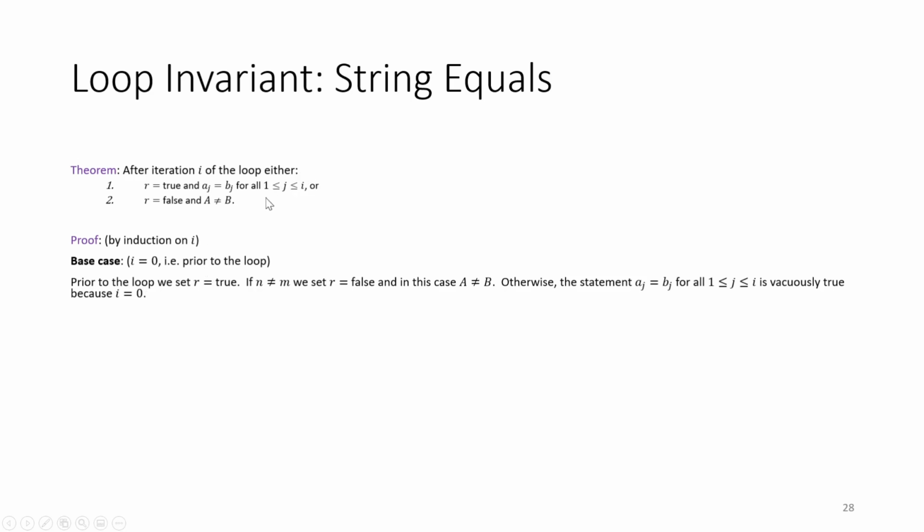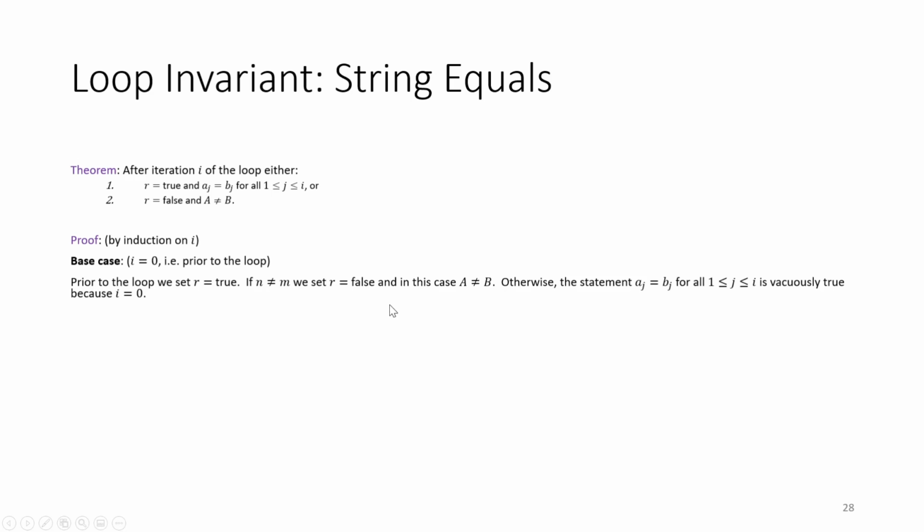So there's nothing to prove here. There are no values of j in that range, so there's nothing we need to confirm here. This is a tautology, a statement that will be true no matter what when I is 0. So we're done. If r is true, there's nothing for us to prove. If r is false, we've confirmed that they're not equal, so we're good.